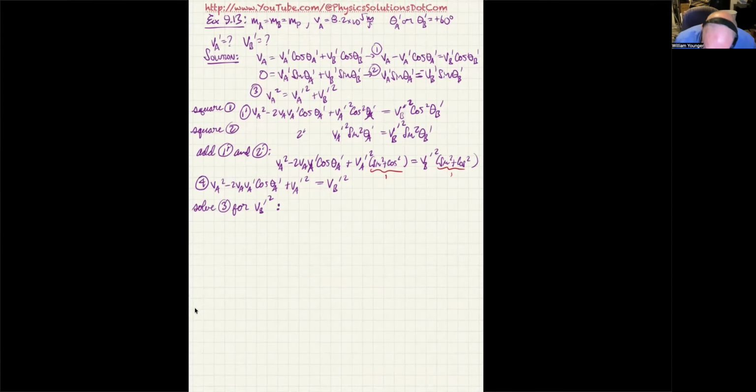Looking at equation 3, vb prime squared is going to be equal to va squared minus va prime squared. So this is going to be called equation 3 prime. And I'm going to plug equation 3 prime into 4.